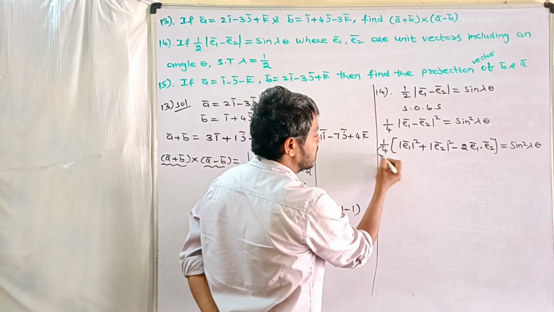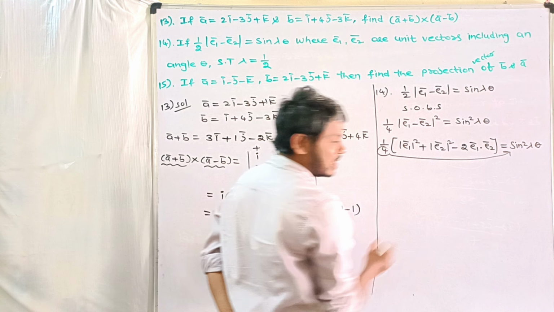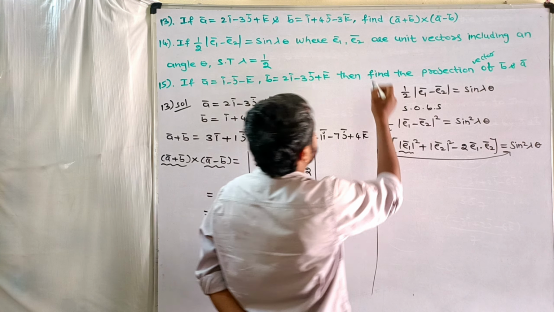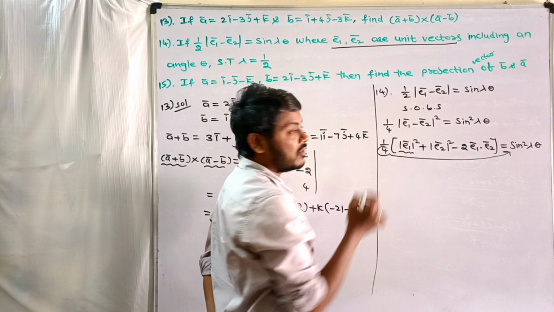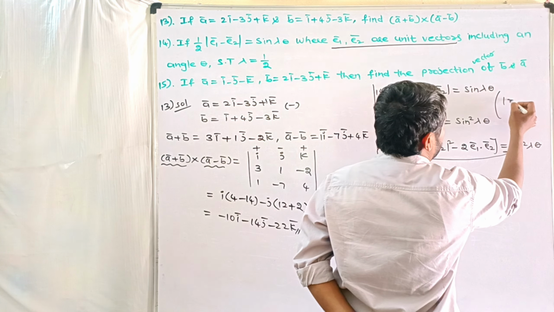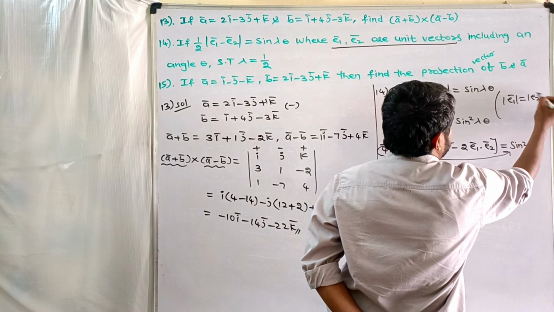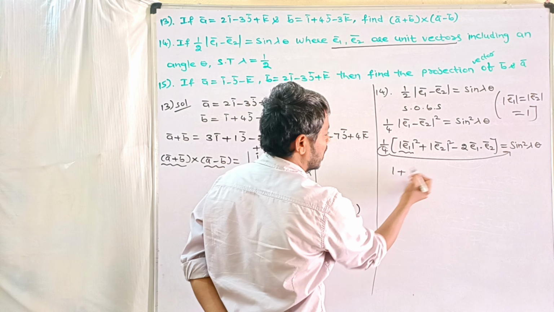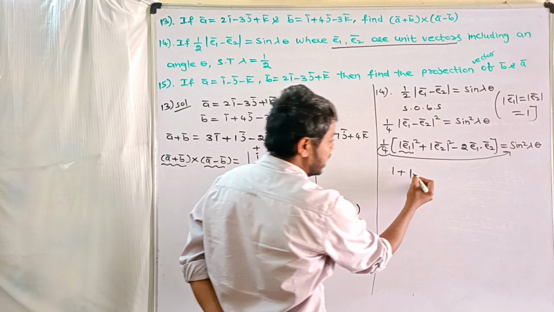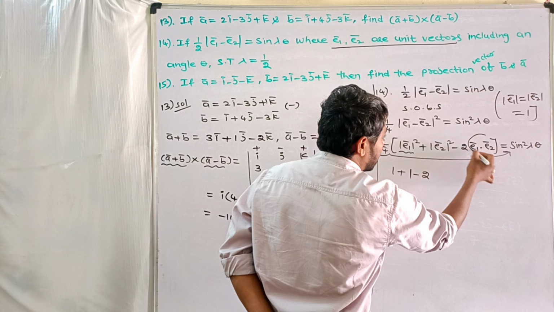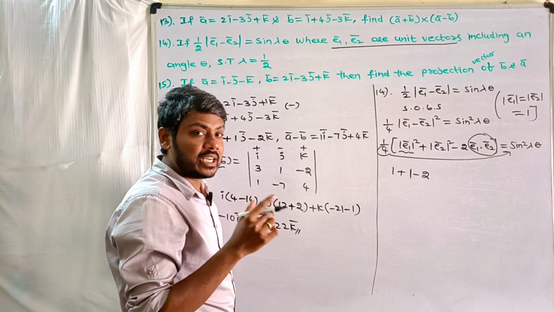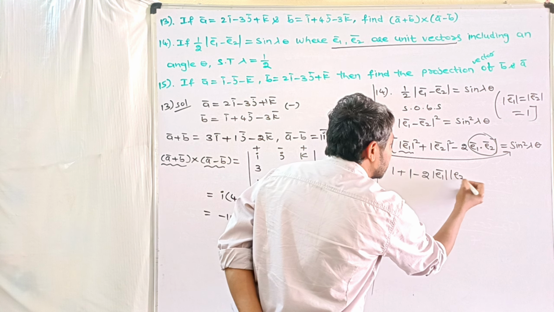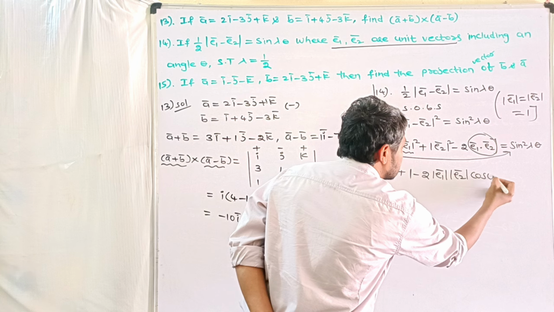So we can do cross multiplication. This 4 is multiplied to what? Right hand side value. Now mod E1 value is 1, because E1 and E2 are what? Unit vectors. That means mod E1 is equal to mod E2 bar is 1. Substitute here. 1 plus mod E2 1 minus 2 into dot product of two vectors E1 dot E2, which can be written as mod E1 mod E2 cos theta.